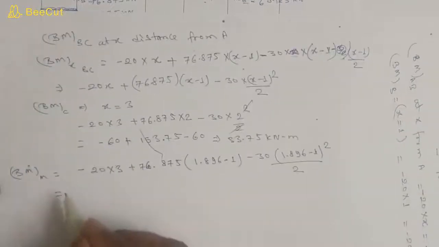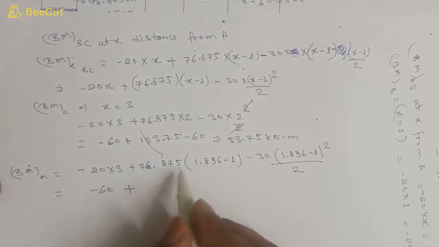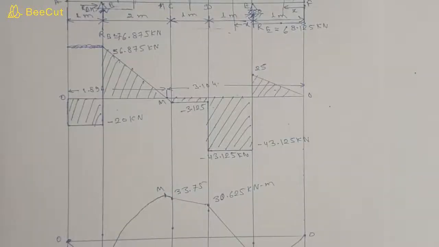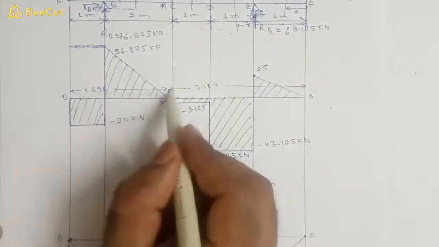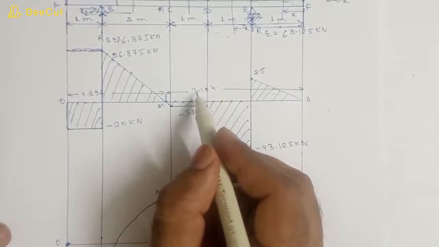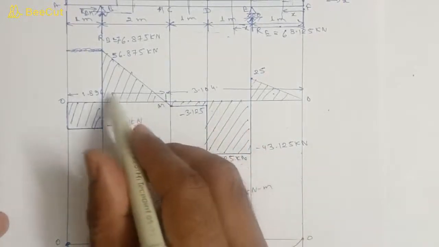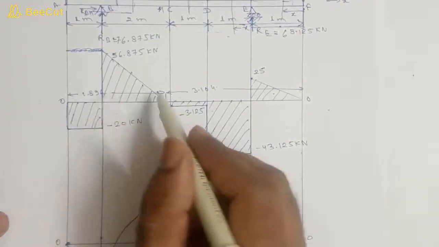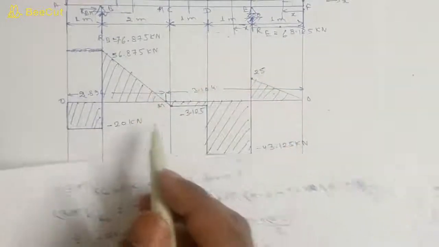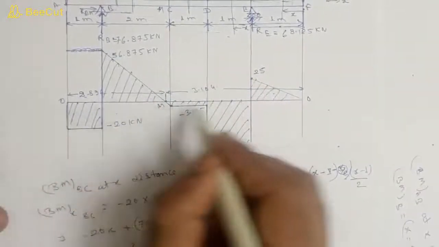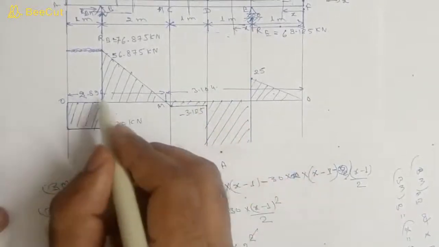So it will become minus 60 plus 76.875 into 0.896. Sorry, this distance 1.896 was from here, because we subtracted it from 5 minus 3.104, so it was 1.896 from here. So from here it will become 2.896. Okay, sorry for my mistake, because total length is 6 meters, so we reduce 6 minus 3.104 and get 2.896.